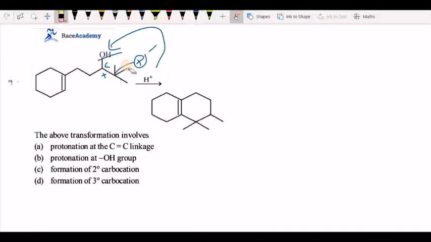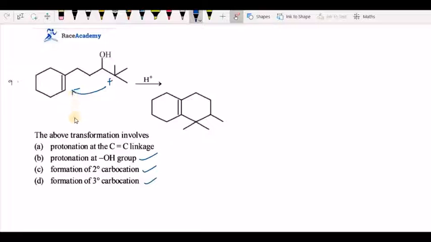So on seeing all these things, we can tell that protonation takes place, and a secondary carbocation will be formed. Also a tertiary carbocation is formed. After the formation of the tertiary carbocation, this will be linked to this benzene ring, so this cyclic ring gives the final product.